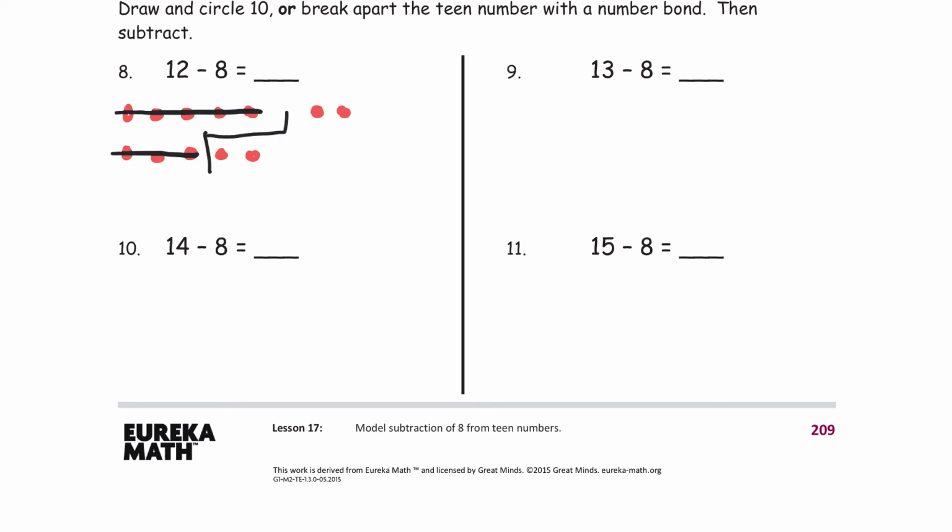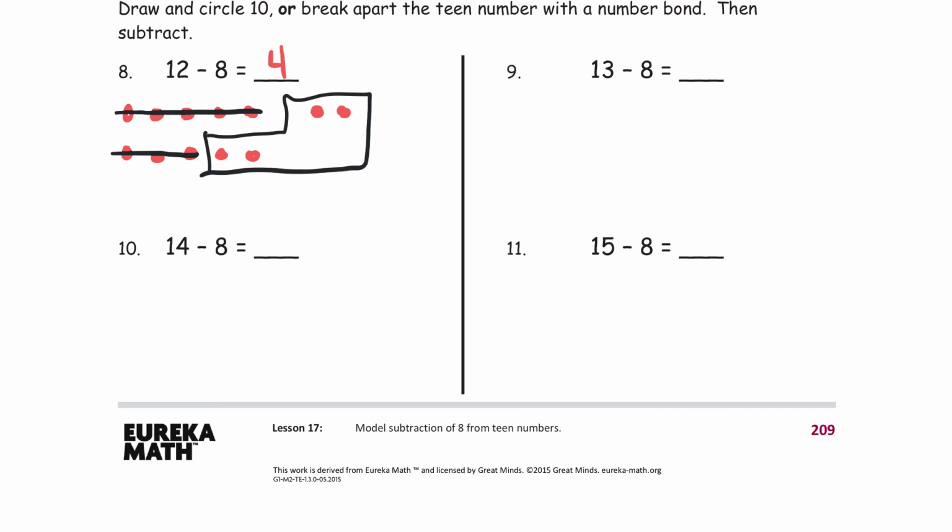And then I'll box up and count up what I have left. 1, 2, 3, 4. All right, I've got 4 left over. Okay, so that is one way you do it. And that's how I want you to do number 10. So pause the video right now and do number 10 just like we did up here. Draw it out, cross it out, box it up, count it up. Pause the video, come right back, and then we'll take a look at number 9.